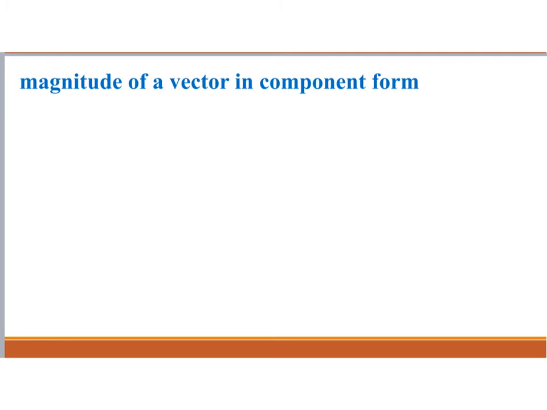Now let's say that we want to find the magnitude of vector A. Its components are, say, 2, negative 3. Well, let's draw a little picture of how the vector A looks like.